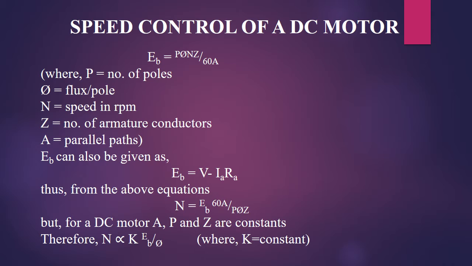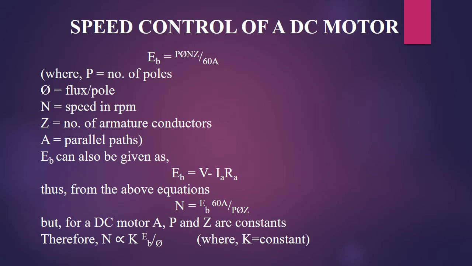The speed equation of the DC motor can be written as Eb is equal to P phi NZ by 60A, where P is the number of poles, phi is the flux per pole, N is the speed in RPM, Z is the number of armature conductors, and A is the number of parallel paths. Eb can also be given as Eb is equal to V minus IaRa.